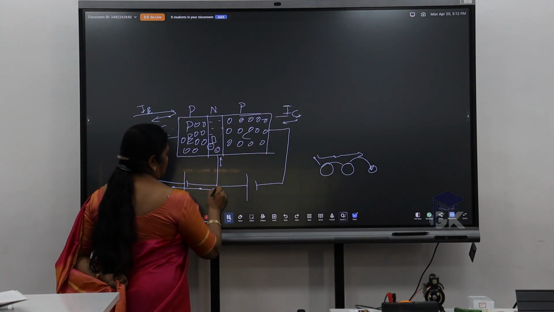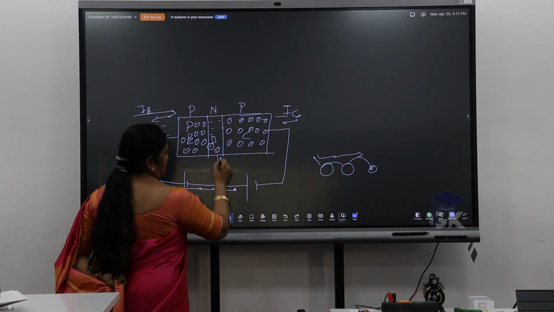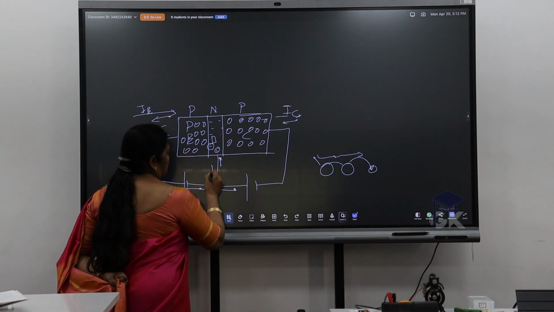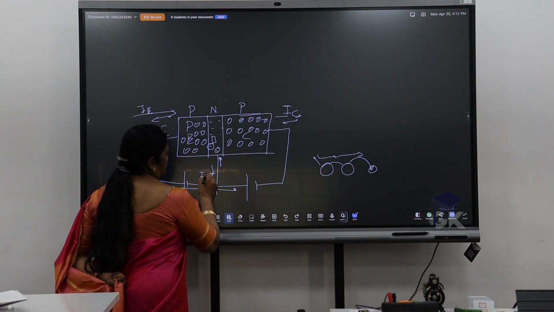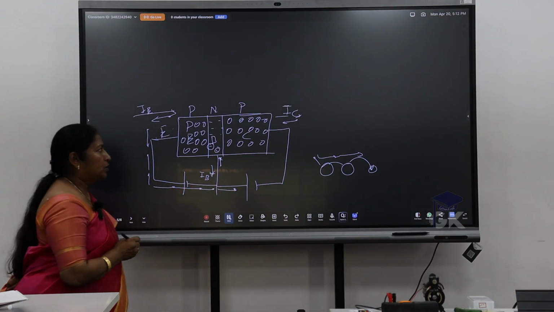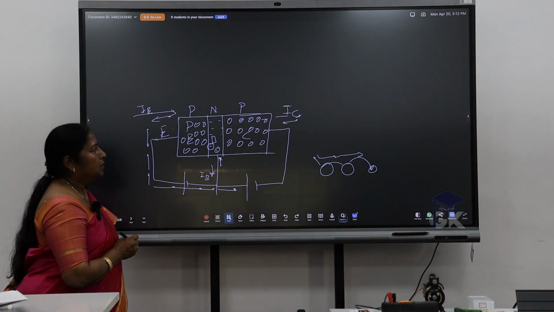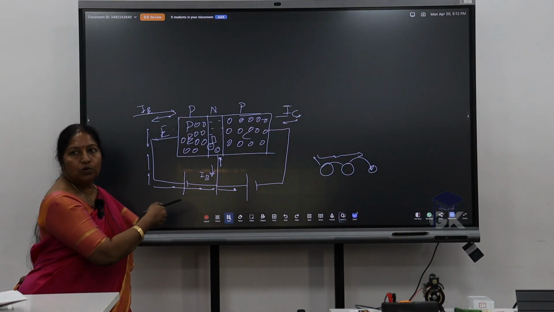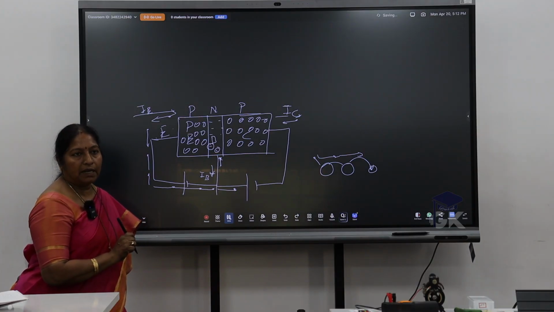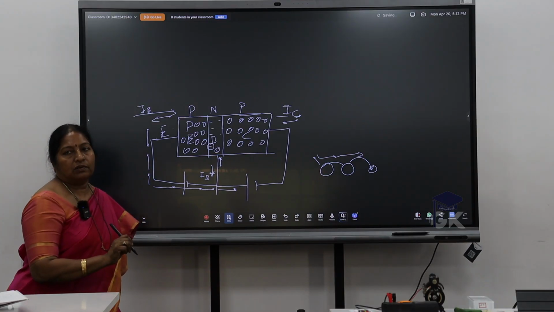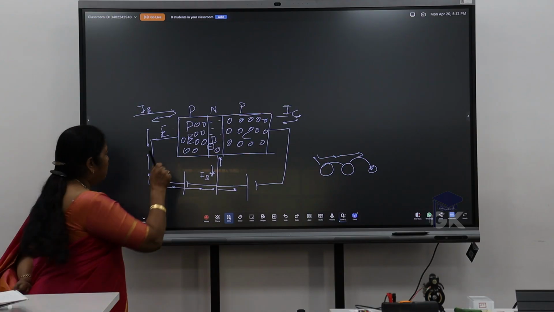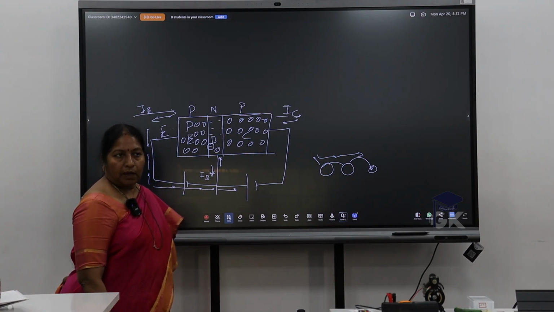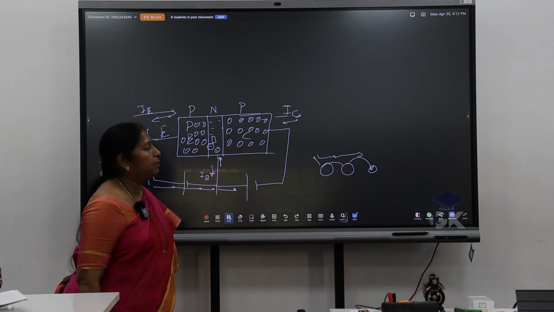Therefore, base current is away. So in this case, the emitter current, base current and collector current are towards the junction. Emitter current is away from the junction, or otherwise I can say emitter current is into the emitter terminal.